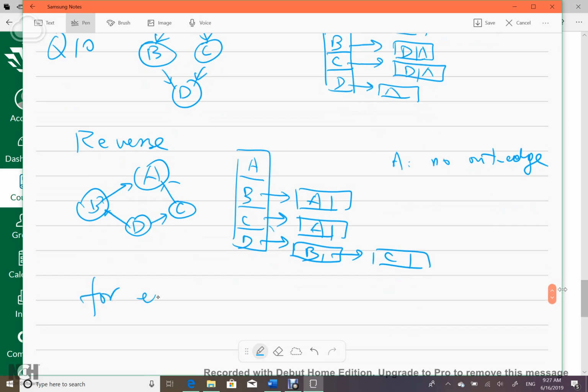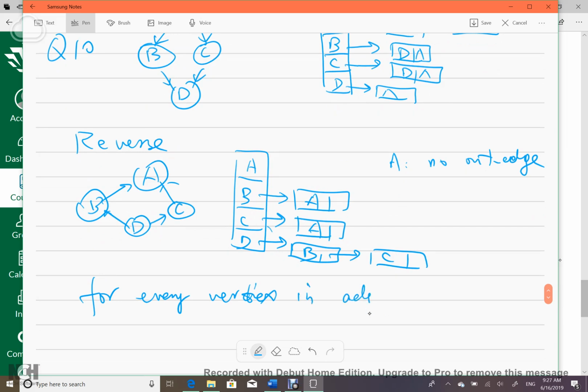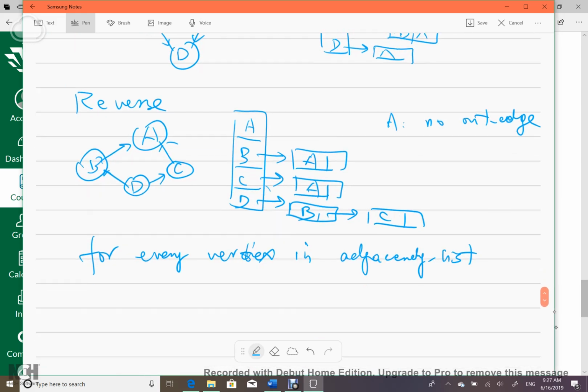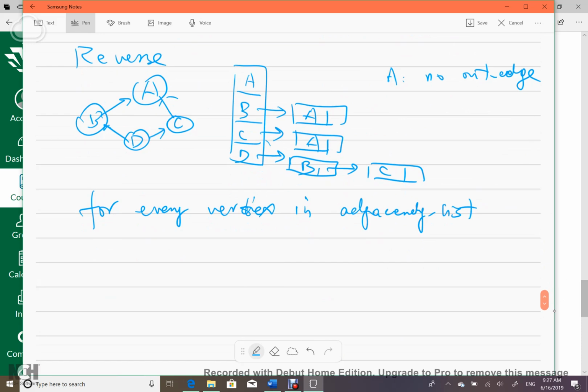For every vertex in the adjacency list, you get the adjacent list of U, right? Let's write it down this way.